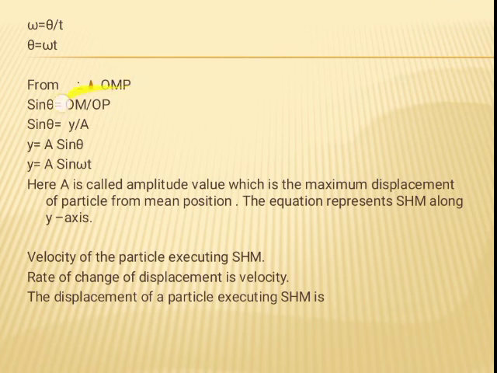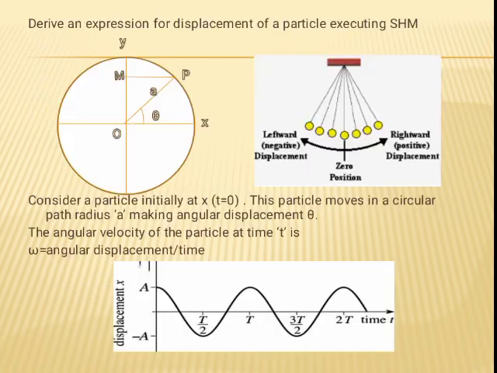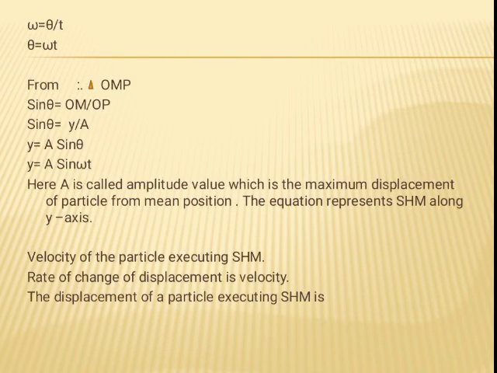And what is OP here? It is not exactly the radius. It is called the amplitude. So I have not put small a, but I have replaced it with capital A for my reference. I will tell you why capital A. Now rearranging, sin theta is equal to y by A. So y is equal to A sin theta, right? And what is the value of theta I have calculated?